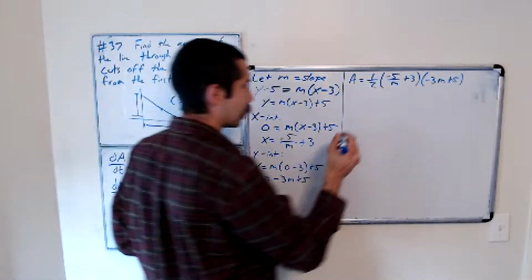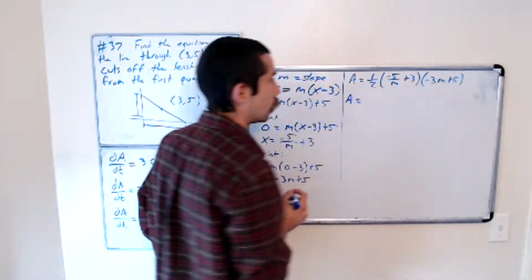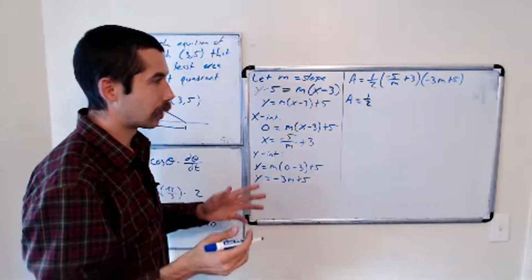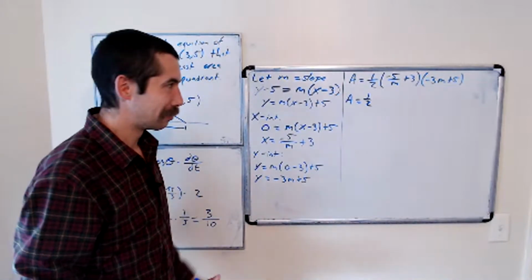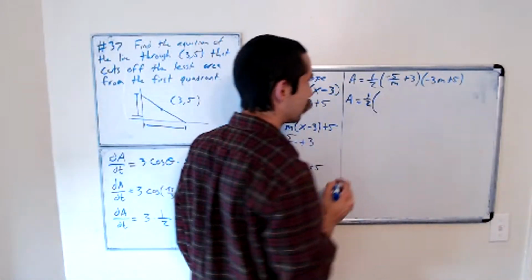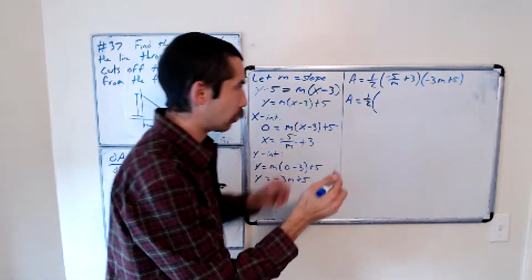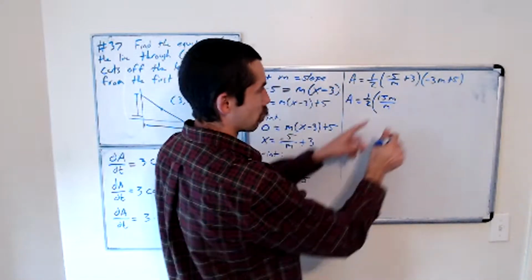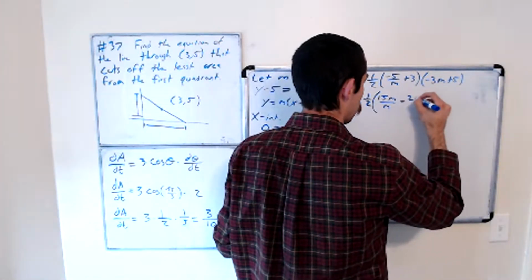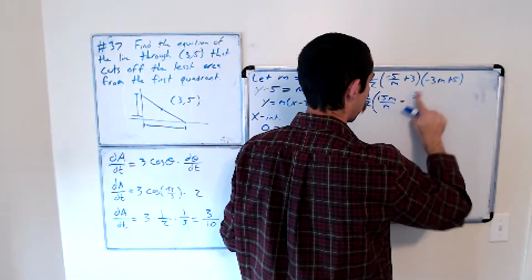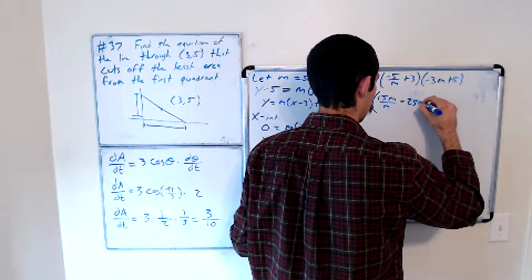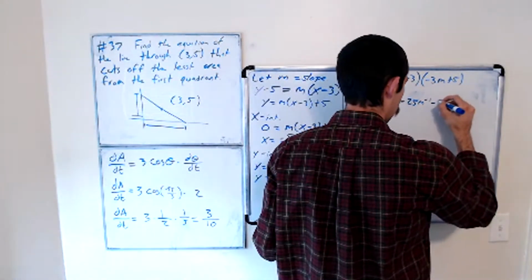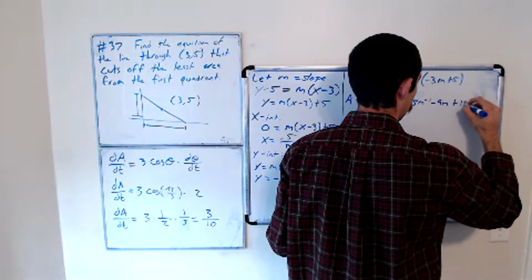Okay, so let's rewrite this a little bit to try to make it easier to take the derivative, because eventually we're going to take the derivative. Okay, so if we FOIL this, first is 15m over m, so that's just 15. Outer is minus 25, I guess we'll call it minus 25m to the negative 1. Inner is minus 9m. Last is plus 15.